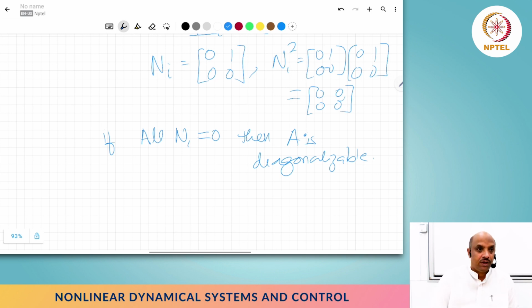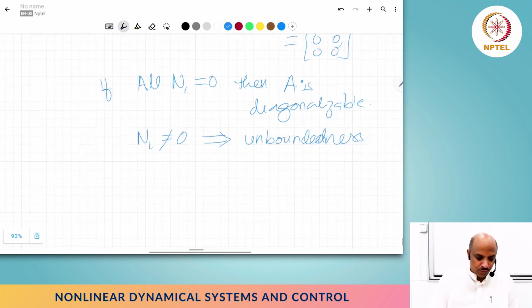But if J happens to be just the diagonal part, then we get back to the diagonalizable case and S becomes the set of eigenvectors and so on. But in most cases, Ni could be non-zero, and every time Ni is non-zero, we get unboundedness. Okay. We'll see that in a few minutes.